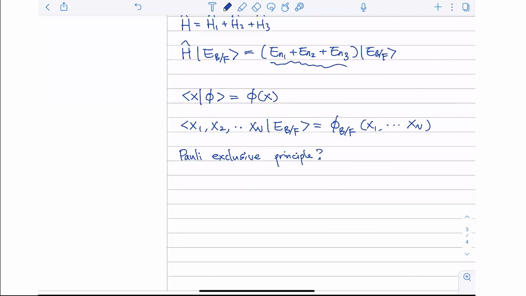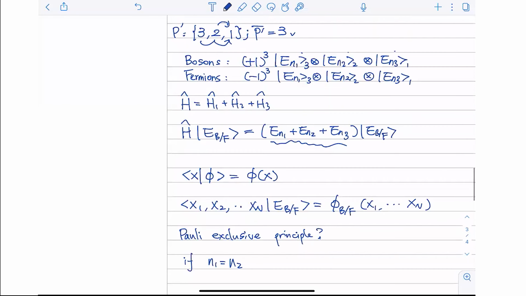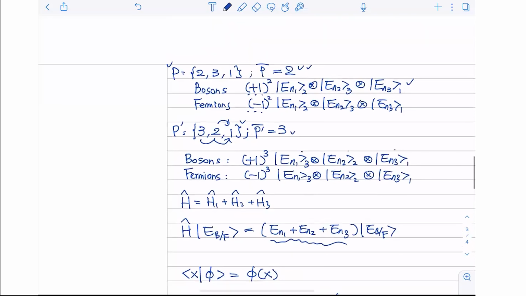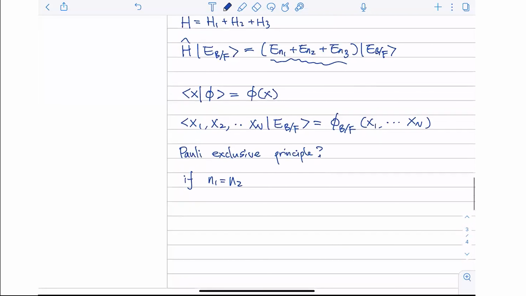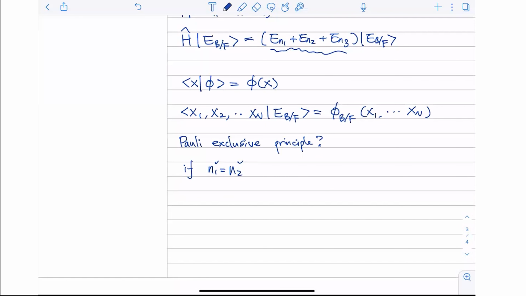And the idea is that if you choose one of the n to be the same, let's take our 3-particle case, for example. Let's choose the quantum number n1 is equal to n2. For the fermionic case, you will find that you will have one permutation.